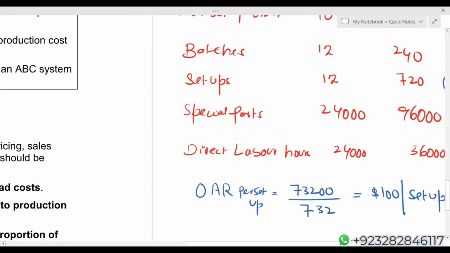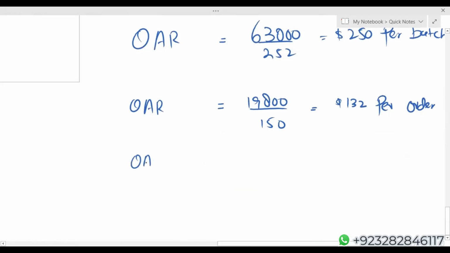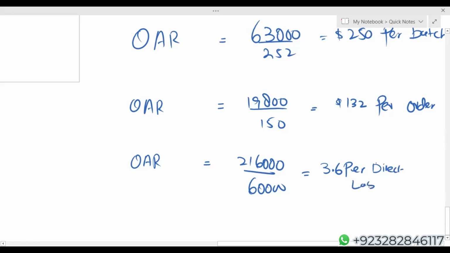The other overheads absorption rate is 2,16,000 divided by 60 labor hours, which gives me $3.6 per direct labor hour.